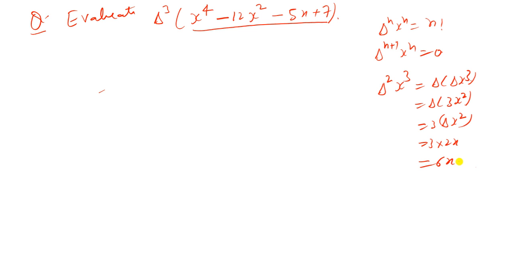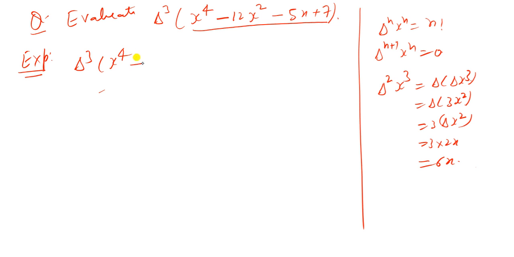So using this concept in the given problem, the expression is Δ³ of (x⁴ minus 12x² minus 5x plus 7), and this is equal to Δ³ x⁴ minus 12 times Δ³ x² minus 5 Δ³ x plus Δ³ of 7, using the linearity property of the difference operator.